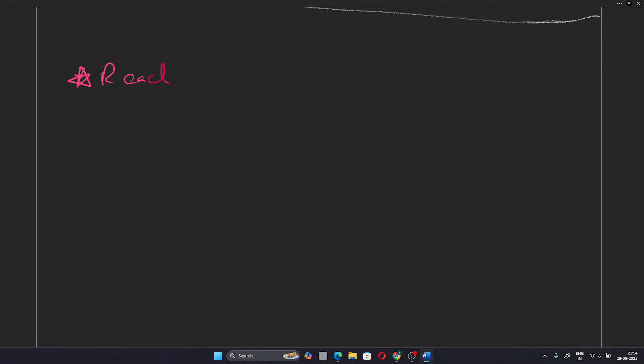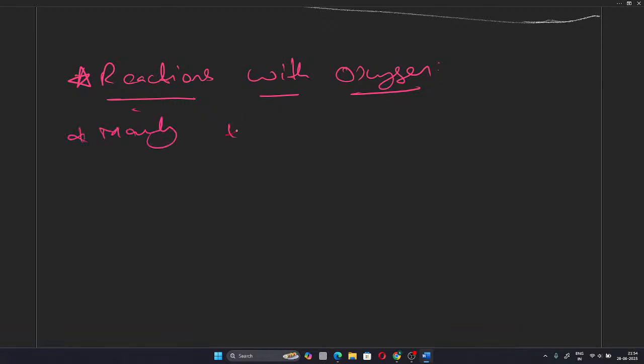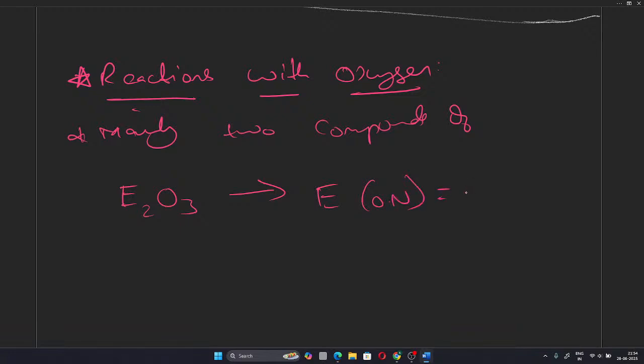Reactions with oxygen: mainly two compounds, E2O3, where the E oxidation number equals 3, and E2O5, where the E oxidation number is +5.